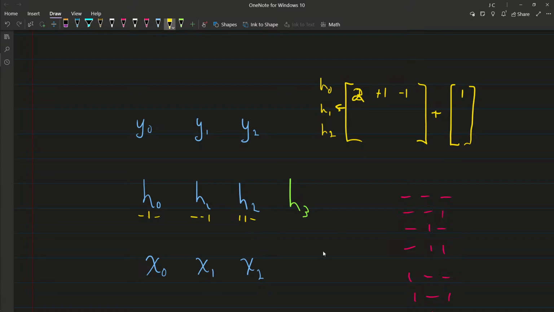If you add an H3, then you're just extending this matrix by a row.